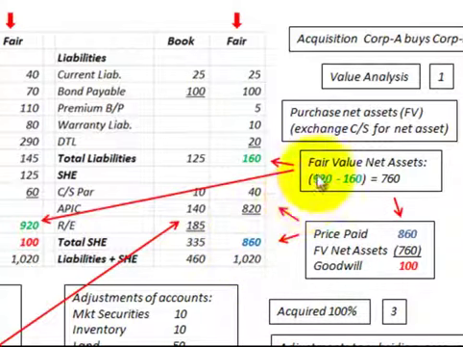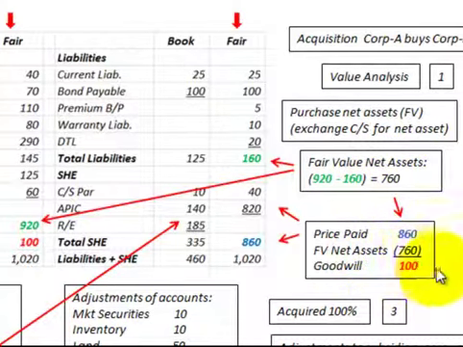To determine the fair value of the net assets, we take the fair value of the total assets of $920,000 and then subtract the fair value of the total liabilities of $160,000, and the difference would be $760,000. That's the fair value of the net assets that Corporation A is acquiring from Corporation B.